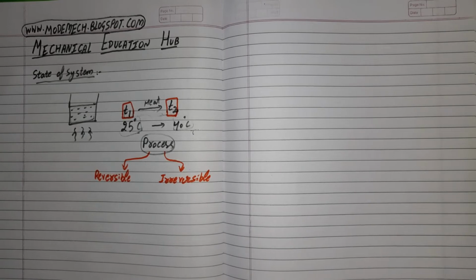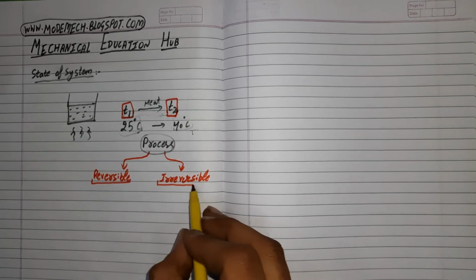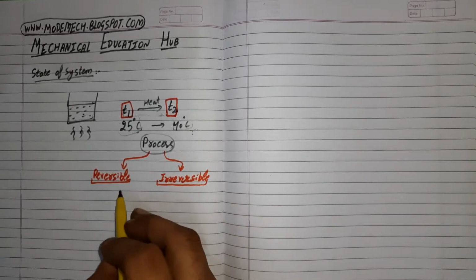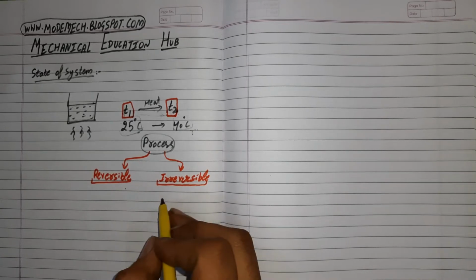A process is said to be reversible if it can be reversed in direction, following the same path, without leaving any change in the system and surroundings. Otherwise the process will be irreversible. We will have a detailed discussion on reversible and irreversible processes in my upcoming lecture, where we will study entropy.